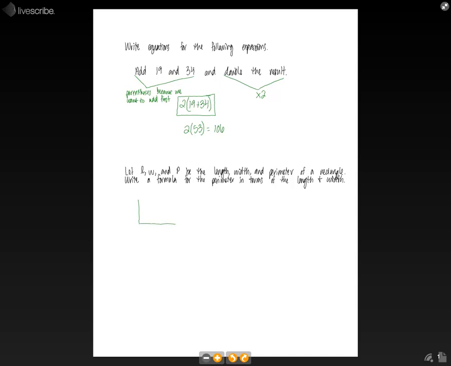So if we draw out a rectangle, we know that this distance is our length and this distance is our width. And the perimeter is the path that surrounds the area.